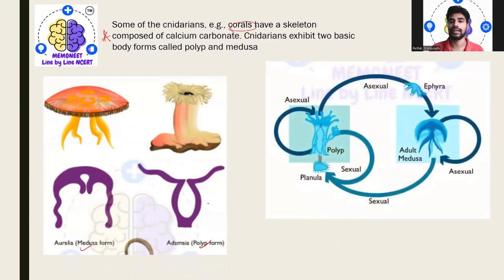They actually show alternation of generation, that is, metagenesis.